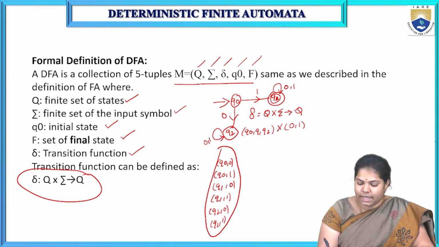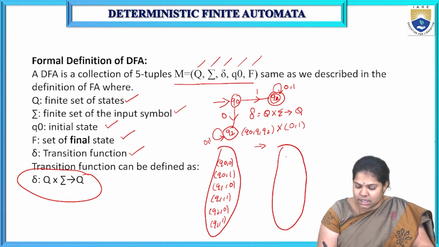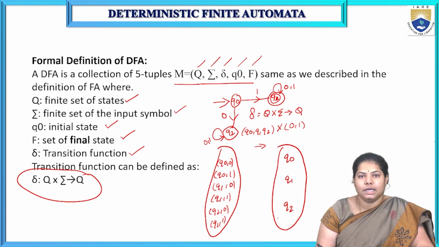Then it again tends to Q. What is Q here? Q is nothing but the set of states. What are the states? Q0, Q1 and Q2 are the states.